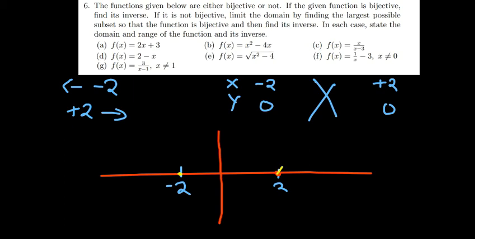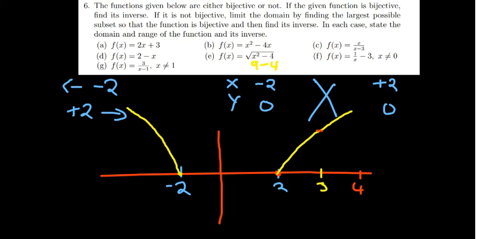So this one will go like this. This one will go like this. Okay, you can try that. If you put something like a 3, 3 squared would be 9, minus 4, root of 5. You try 4, root of 14, so it will continue going up and up.